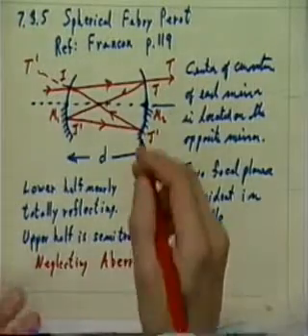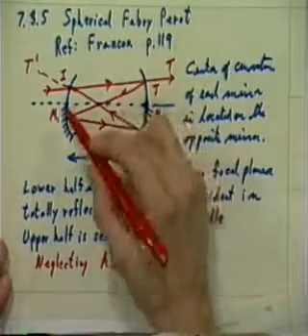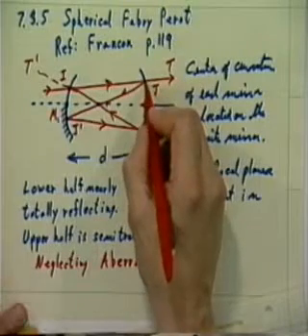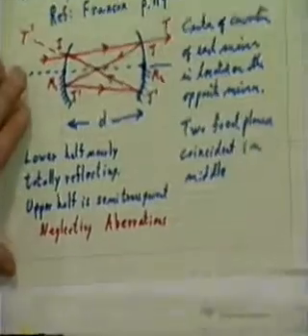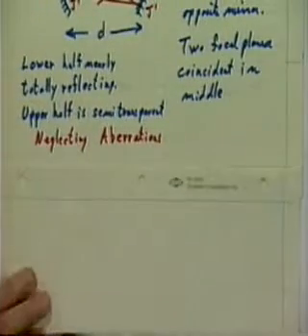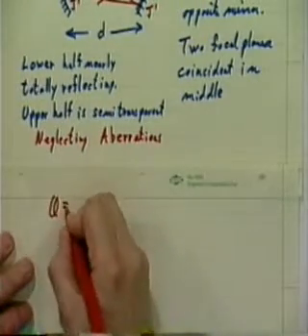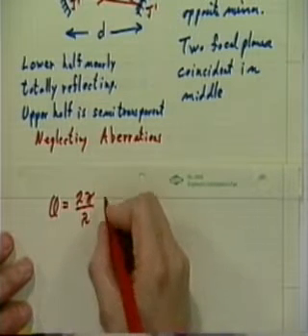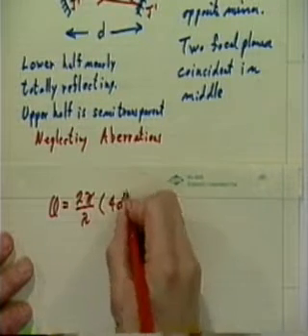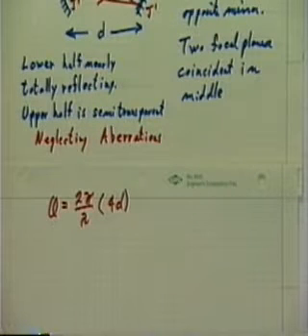And so if I look at the phase, neglecting any phase changes on reflection, but looking at the phase difference between the consecutive beams that come out here, we would have that the phase is 2 pi over lambda times 4D.